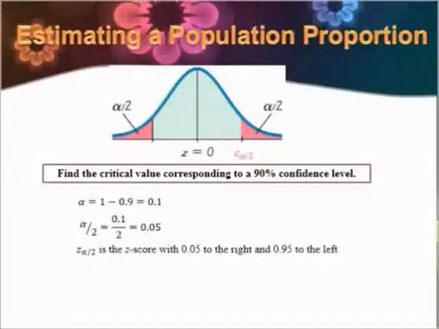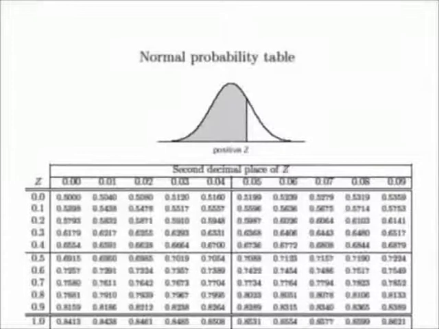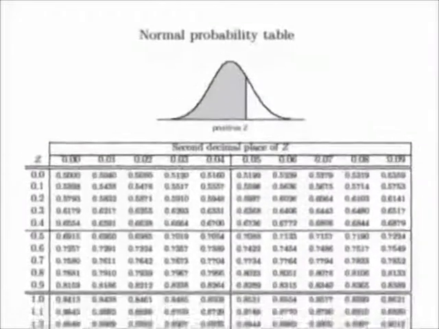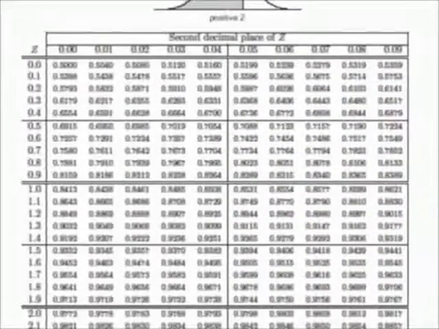So z sub alpha over 2 is the z-score with 0.05 to the right or 0.95 to the left. So again, we'll go look at our table and try to find 0.95 and find the z-score associated. So let's scroll up and we'll find where 0.95 is. But notice, we're actually right in between 0.9495 and 0.9505. In other words, 0.95 is not closer to one than the other.